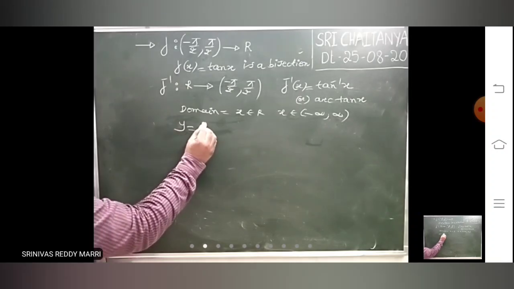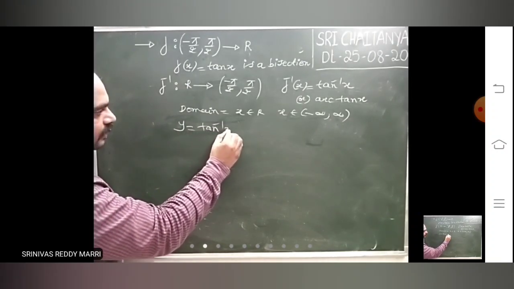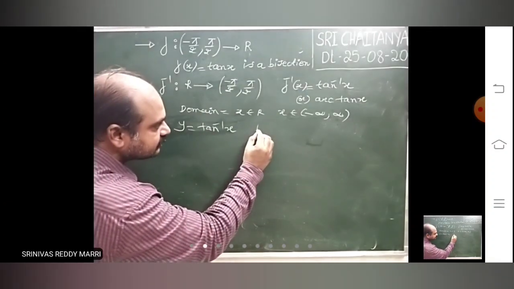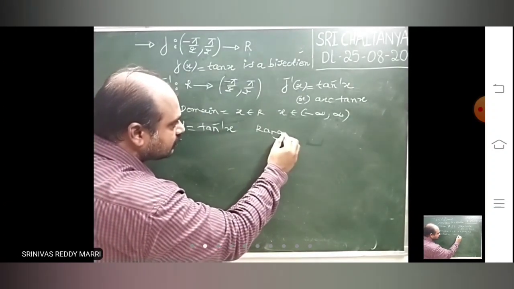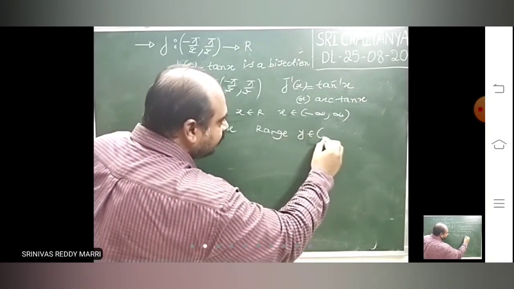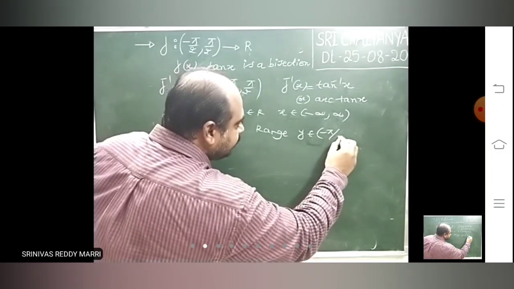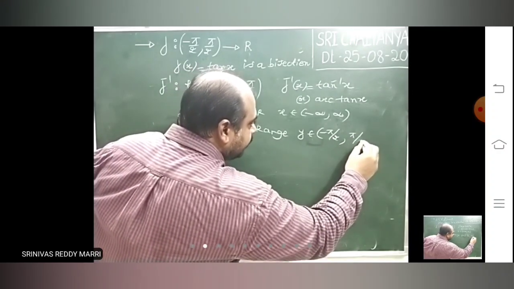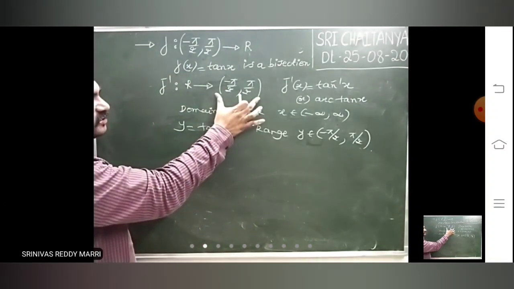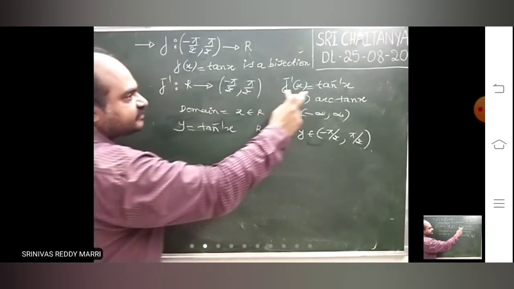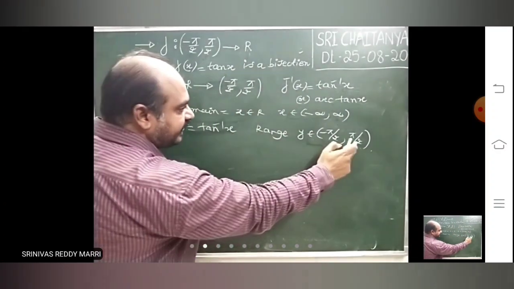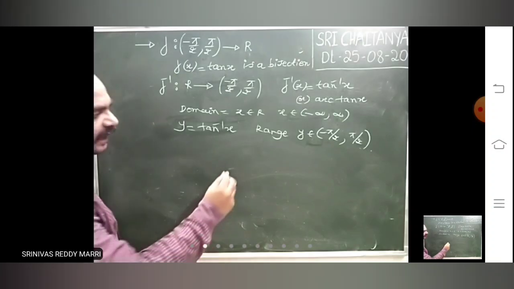Now the range. Suppose y equals tan inverse x. Range means y. Y belongs to minus pi by 2 comma pi by 2. Range means these values. If you substitute x values here, you will get y values that always lie between minus pi by 2 and pi by 2.